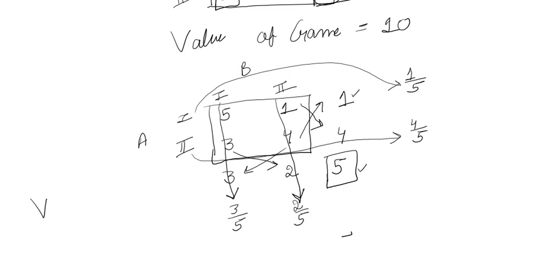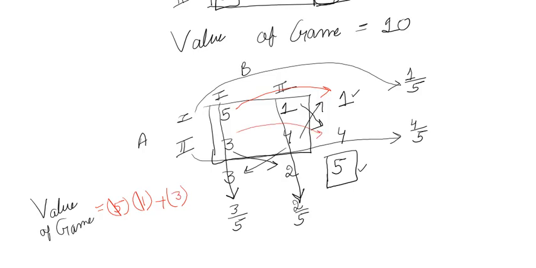But in this case value of game किस तरह निकाला जाता है? Value of game निकालने का तरीका क्या होता है? सुनो, 5 you have to multiply by 5 into 1. तो value of game equals to 5 multiply by 1 plus 3 multiply by 4, 5 multiply by 1, 3 multiply by 4 upon what? Upon 1 plus 4, या जो ये sum आया है वही चीज.